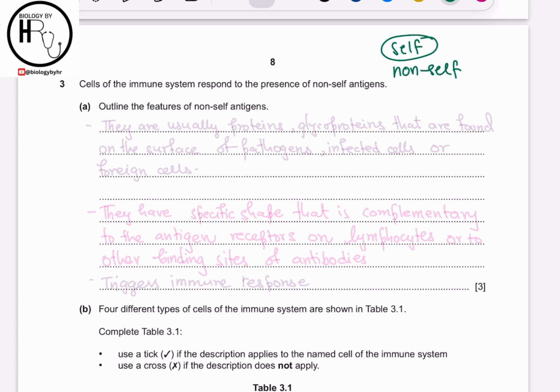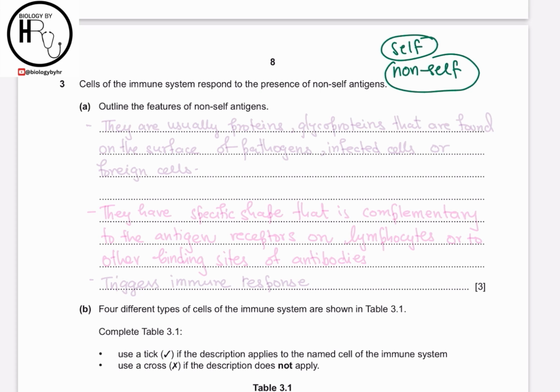So the self antigen is not that harmful, but if the body recognizes an antigen as a non-self or foreign antigen, then it is very dangerous and it will initiate an immune response. Now part A says: outline the features of the non-self antigen.